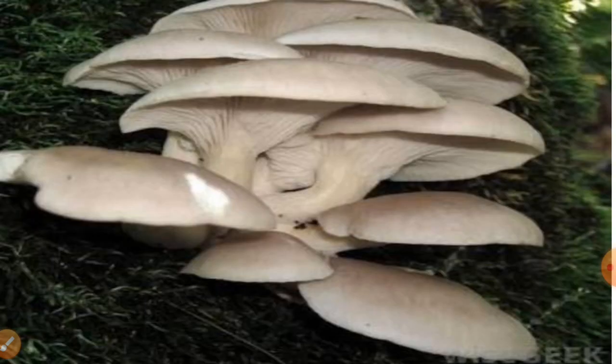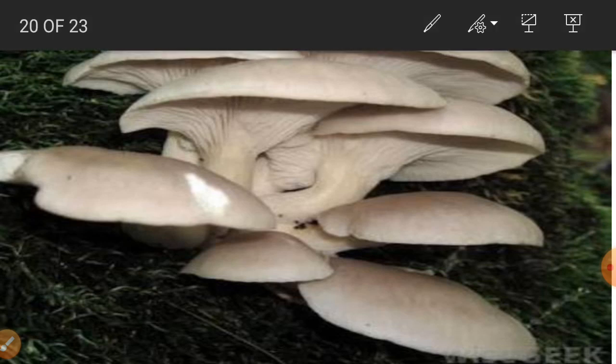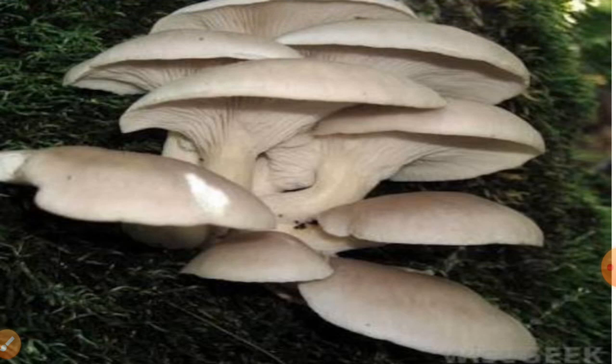Now, how do saprophytes obtain their nutrition? The saprophytes secrete digestive juice on the decaying and dead matter. This is an example of saprotrophs.